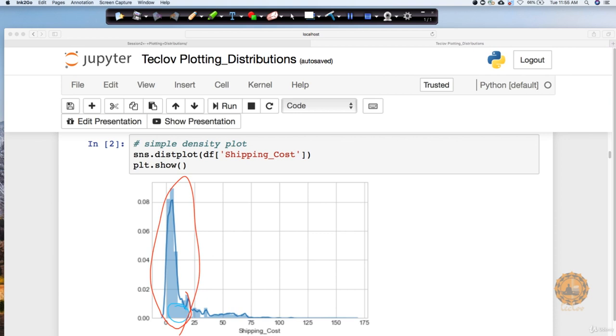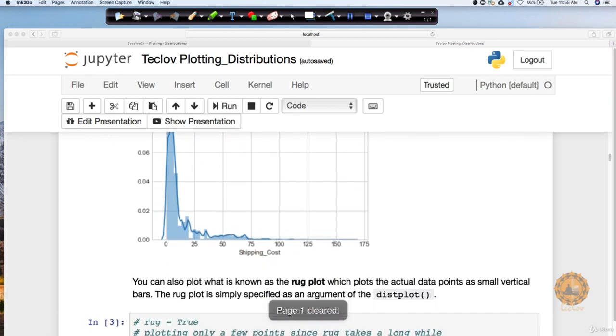So this tells me that the probability of a lower shipping cost for a particular product is higher. But it also gives me a good insight into how the rest of the distribution looks. We can see that there are products even outside this range which have a lower count, but they are also incurring a higher cost.